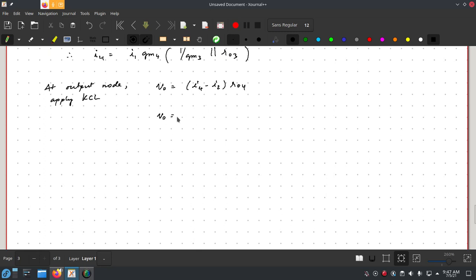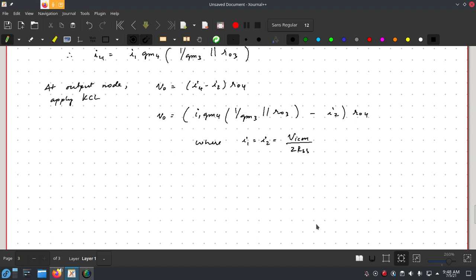So V0 is equal to I4, which is I1 Gm4 into 1 by Gm3 parallel R03, minus I2 into R04. Remember, I1 is equal to I2 is equal to VICM divided by 2 RSS.